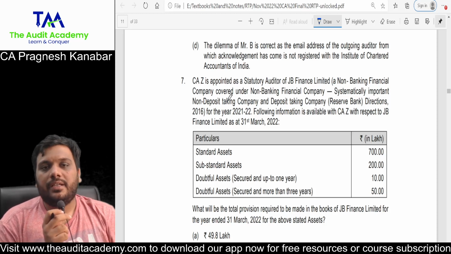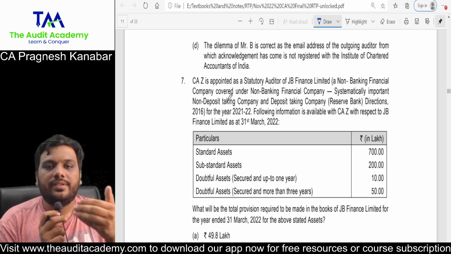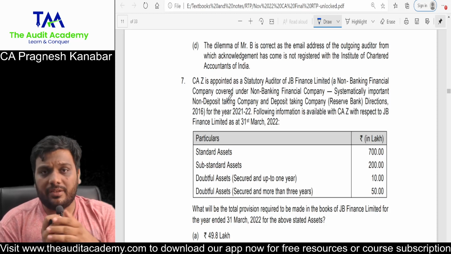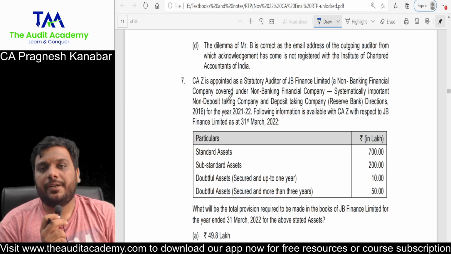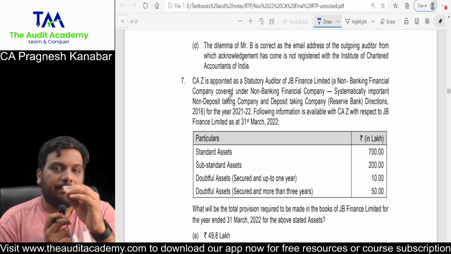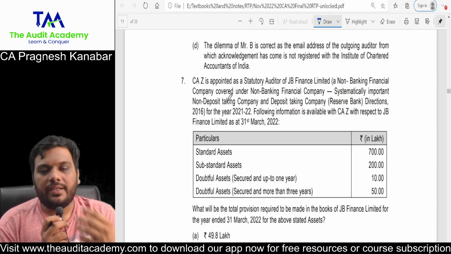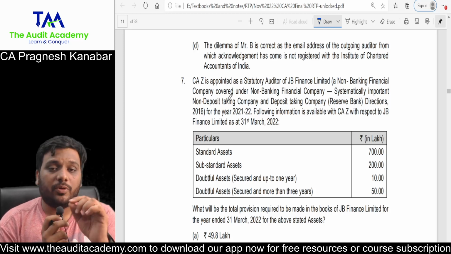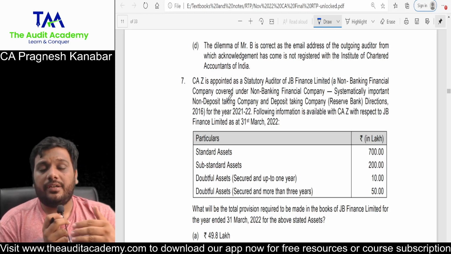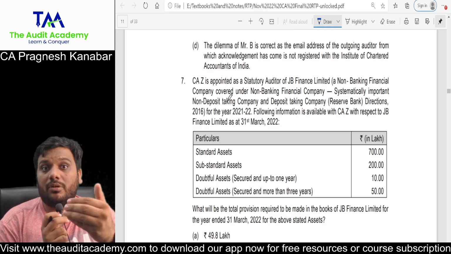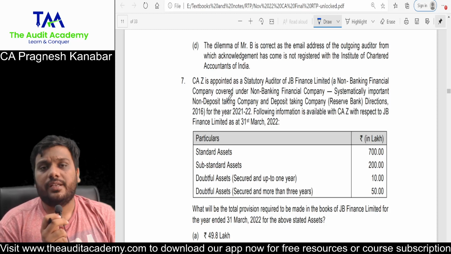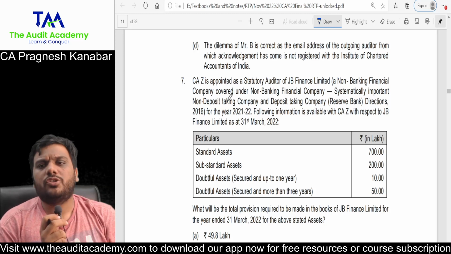If you compare the loans and advances of the bank or NBFC, they are classified into standard asset, substandard asset, doubtful asset, loss asset. Now if you compare bank and NBFC, you will see a very interesting thing, that the percentage provisioning is different for substandard and doubtful assets, and there are lots of differences. Doubtful up to 1 year, 1 to 3 years, more than 3 years. There is a difference of the percentage to be applied.